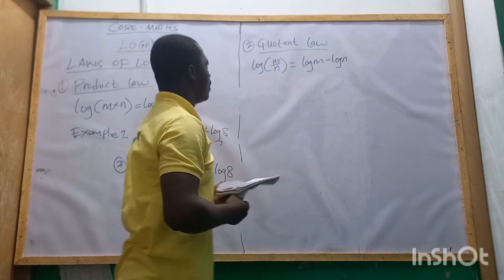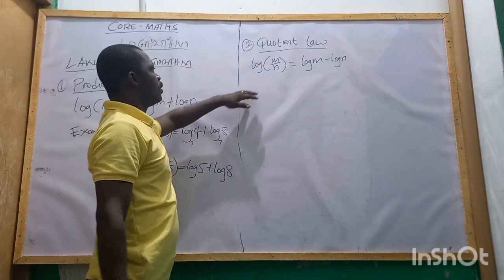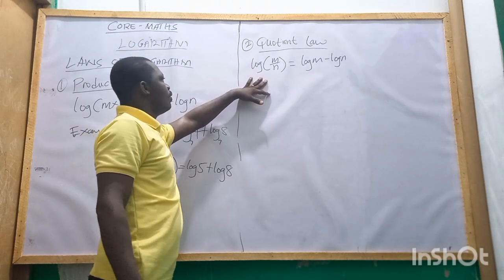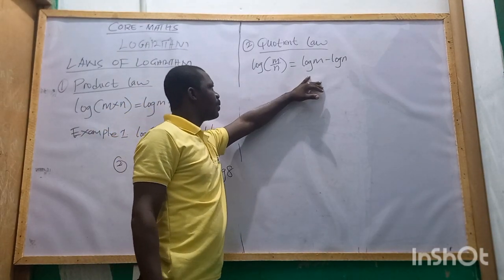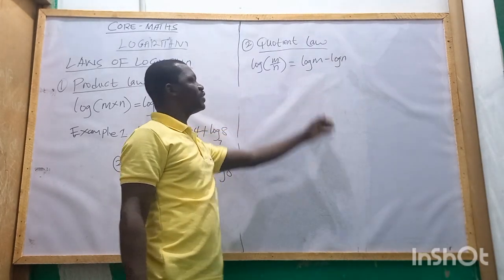It's the same thing. So for the quotient law, log of m over n should be equal to log of m minus log of what? n.